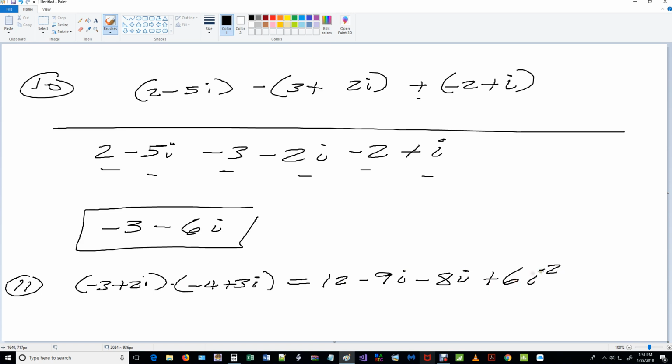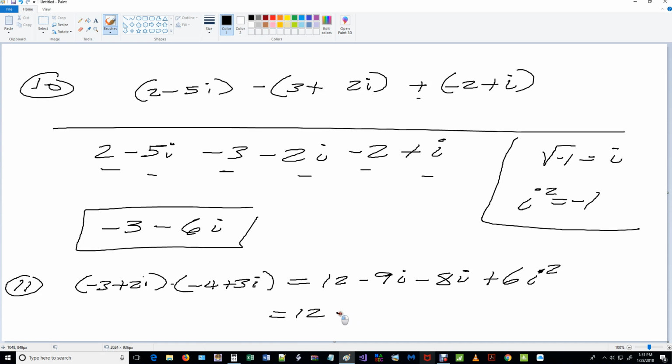Now we have to remember the way we define i. i is the square root of minus 1, and when you square it, i squared will be minus 1, right? So let's do this. 12, and the next term will be minus 9i, minus 8i, and 6i squared is 6 times minus 1.